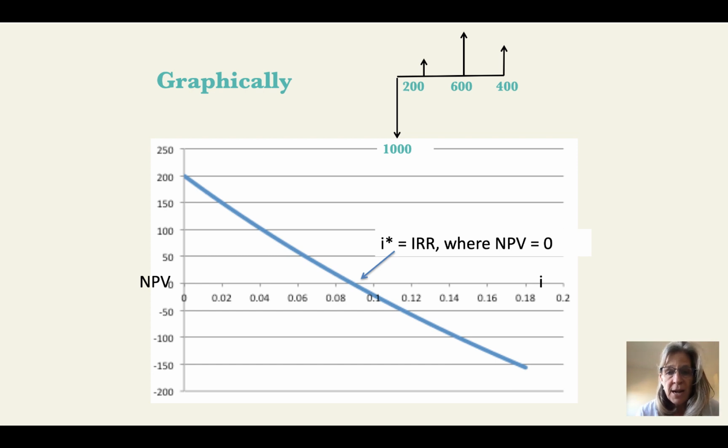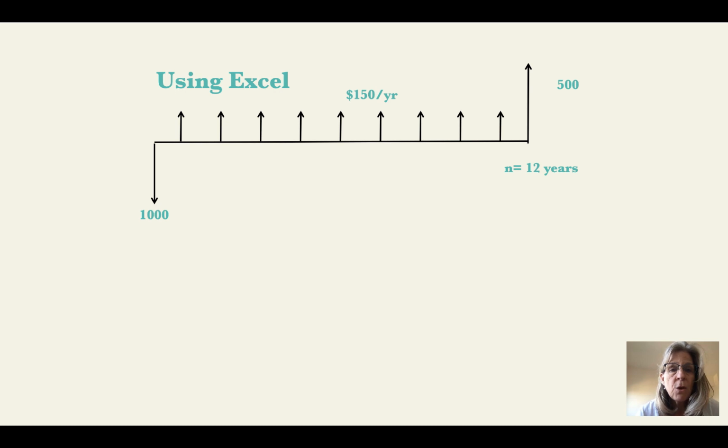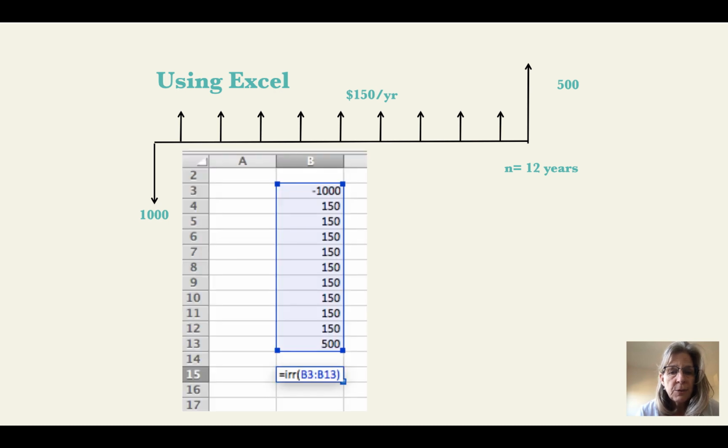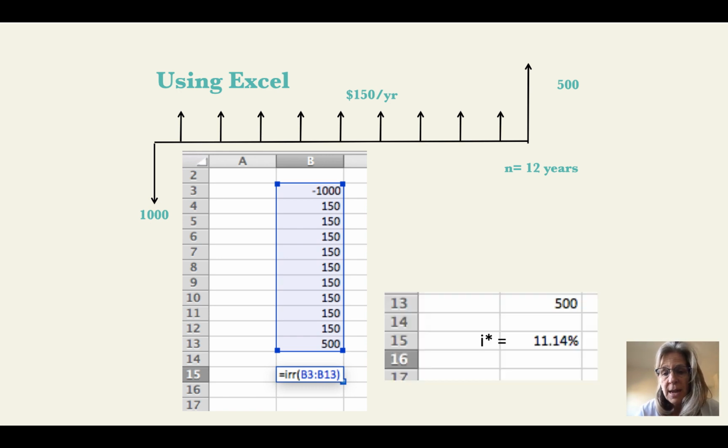So this is where I star is, where the net present value is 0. We can also use Excel, which is very simple. All we do is type IRR equals for a particular range, and it will return an interest rate, in this case 11.14%.